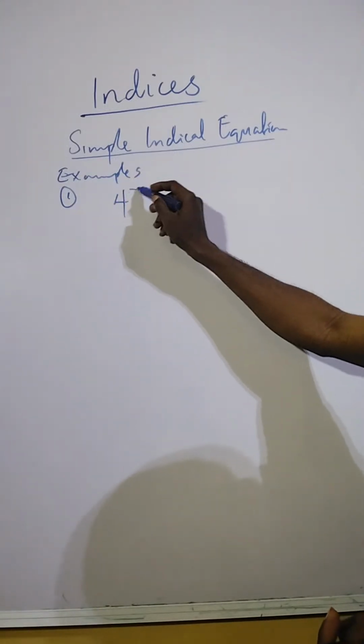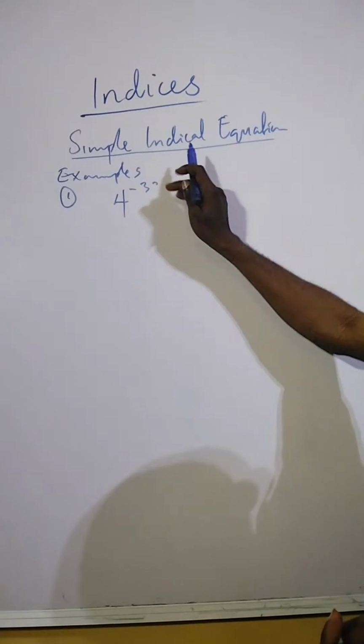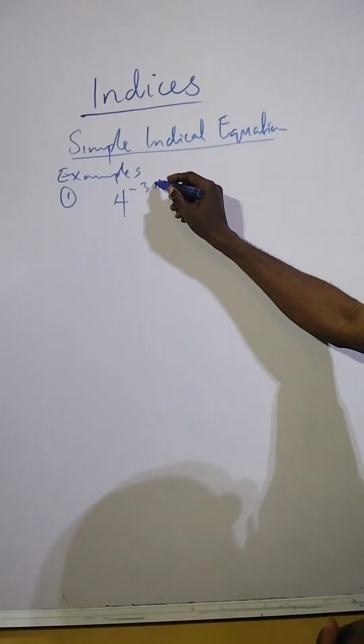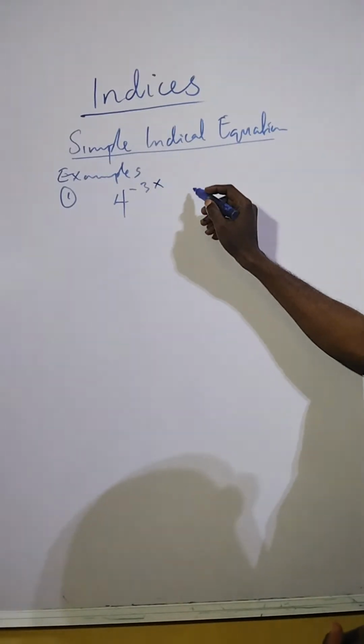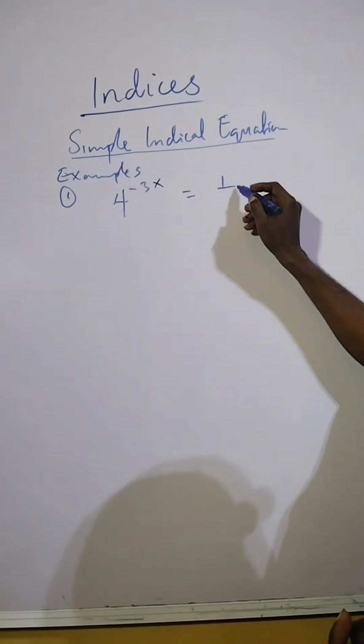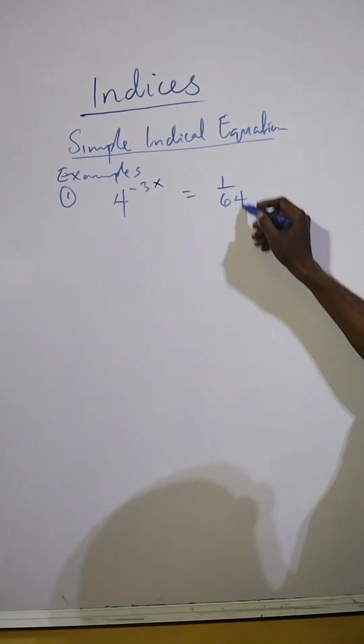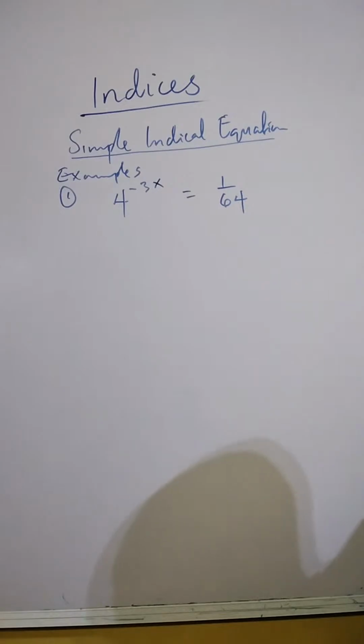4 to the power minus 3x equals 1 over 64. Okay, this is a simple equation that has to do with indices.